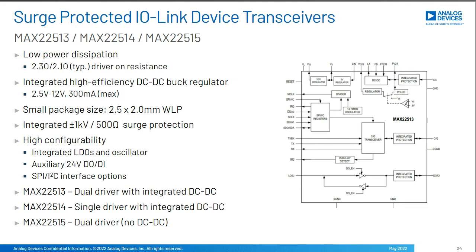We have a DC to DC converter, multiple LDOs, and we even integrate surge protection, so we have TVS diodes integrated. And all this comes in a very small package, which is 2.5 by 2 millimeters. You see we have multiple different flavors, some with DC-DC, some without, dual and single channel.